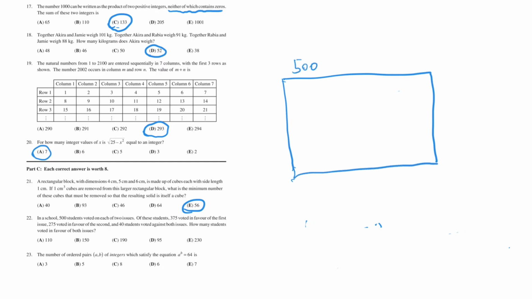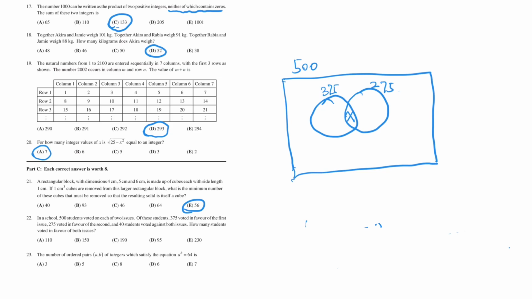So the total is 500. We use a Venn diagram to solve this problem. In favor of the first issue, that's 375 students. In favor of the second issue is 275. The number in favor of both, that's x.